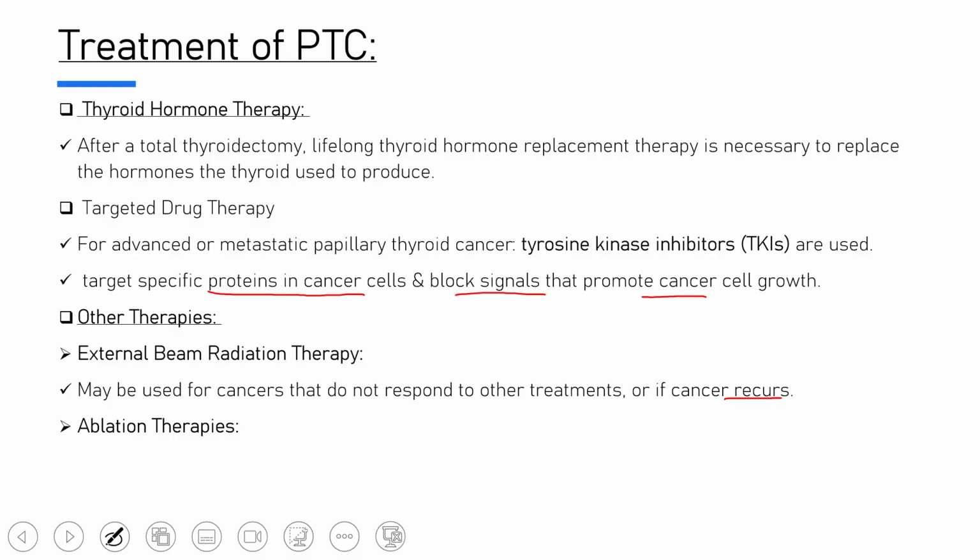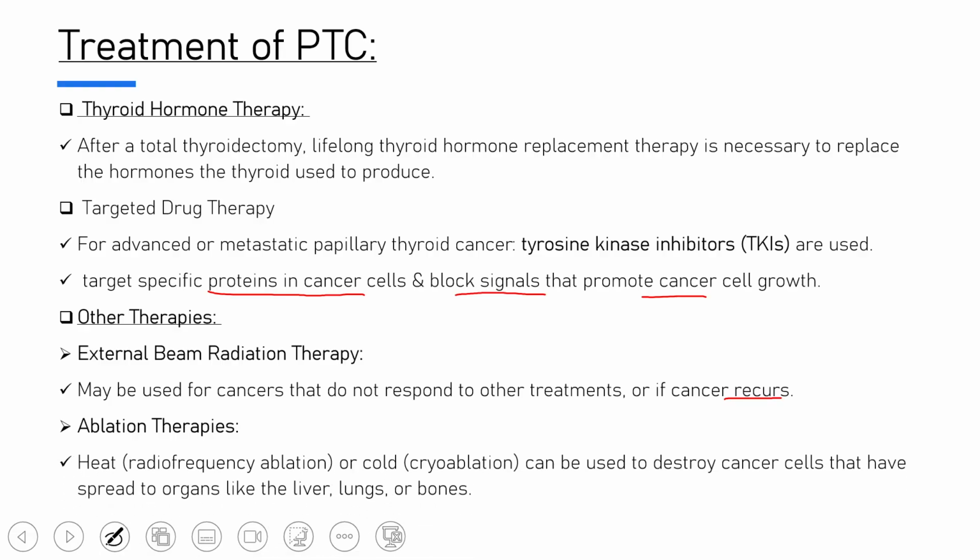And ablation therapies, where heat or radiofrequency ablation, or cold cryoablation, can be used to destroy cancer cells that have spread to other organs like liver, lungs, or bones. Such things can be done for the treatment of papillary thyroid carcinoma.